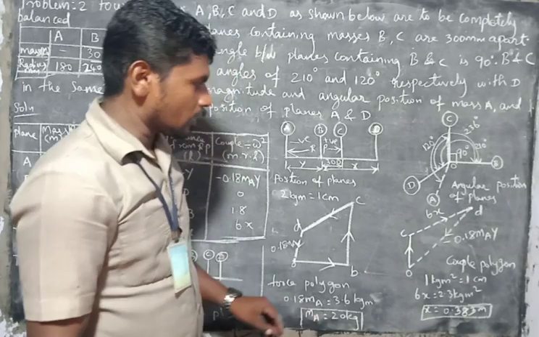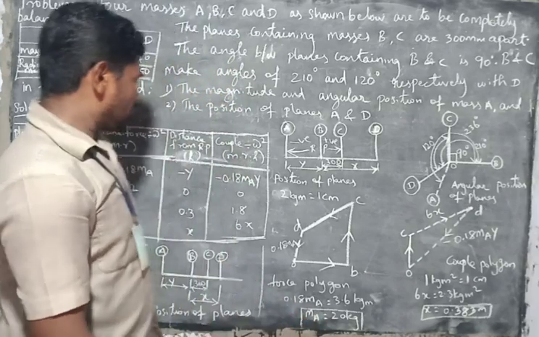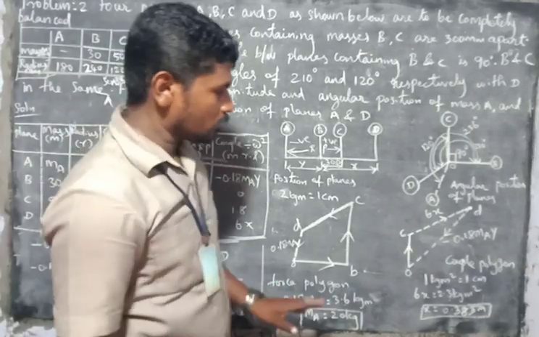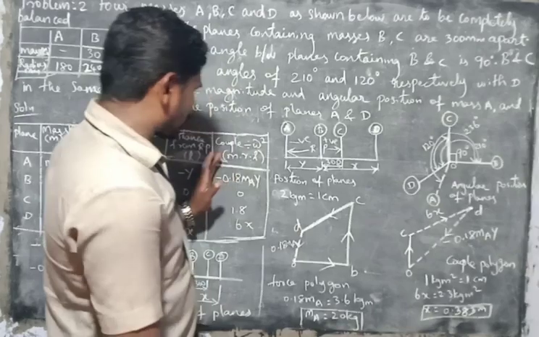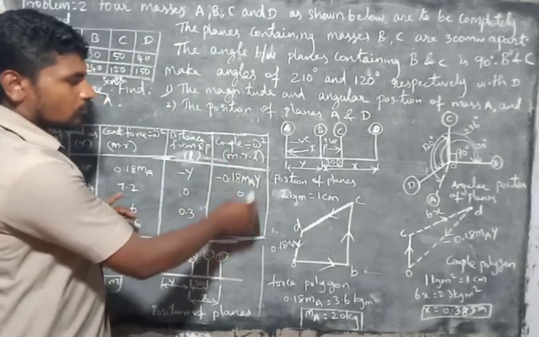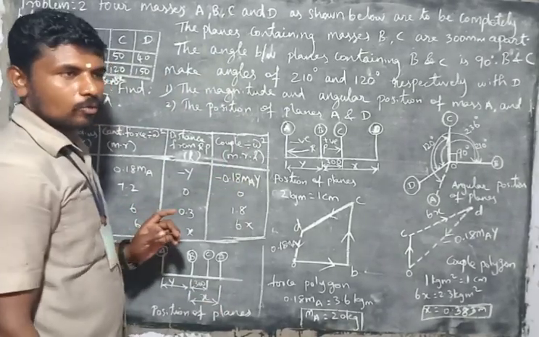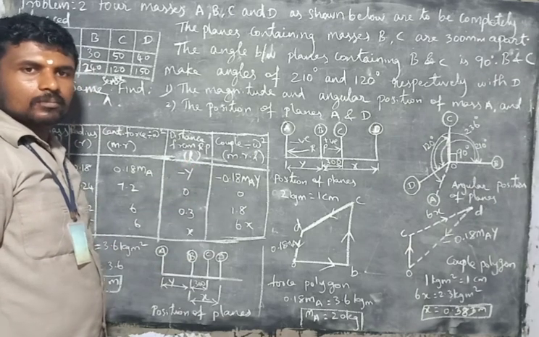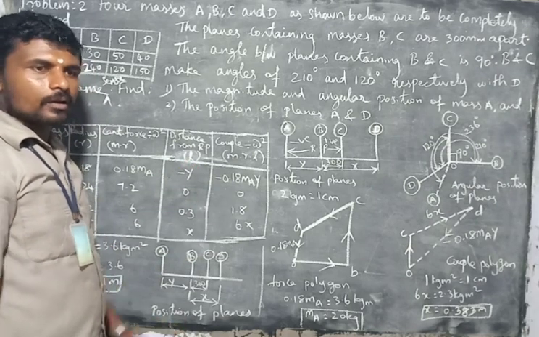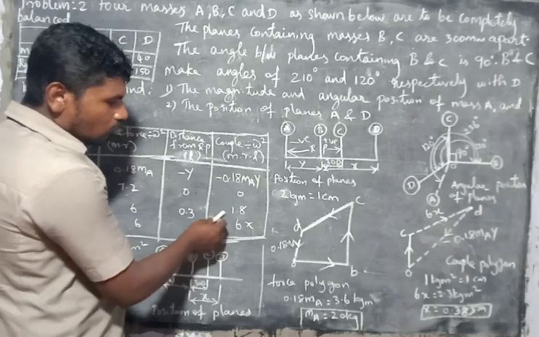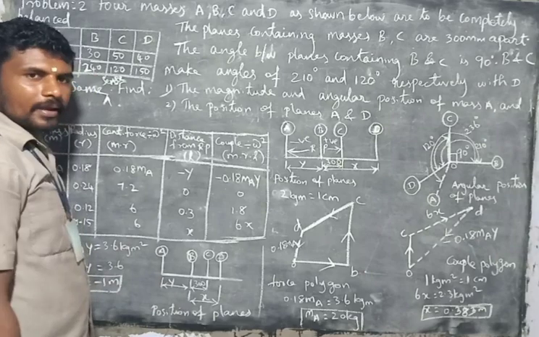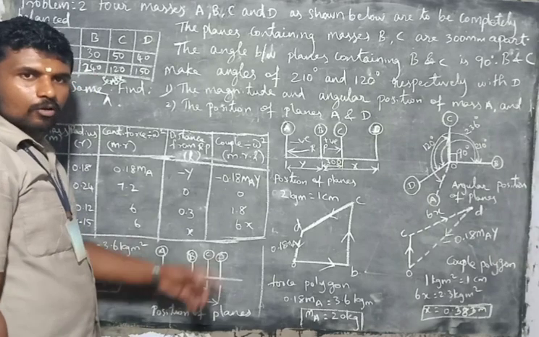From here, after that, we need to find these values, x and y. How can you find them? We need to draw the couple polygon diagram. Here we have only one value, 1.8 kilogram meter square.